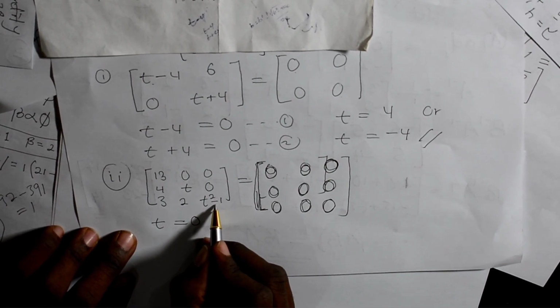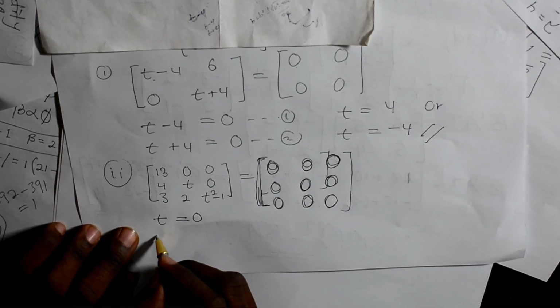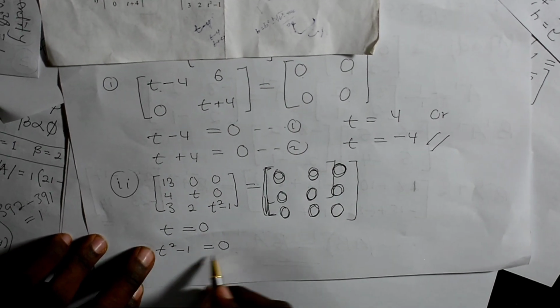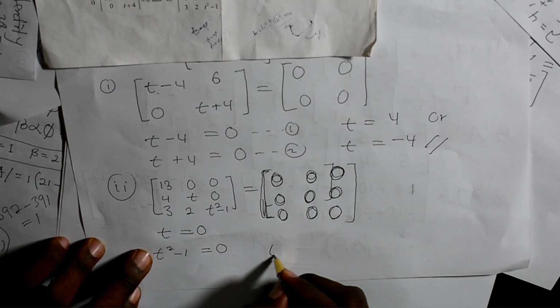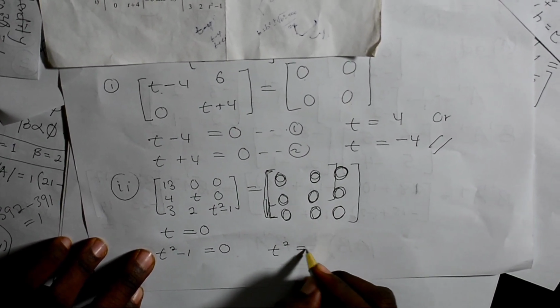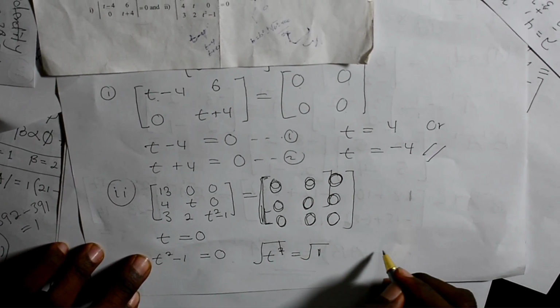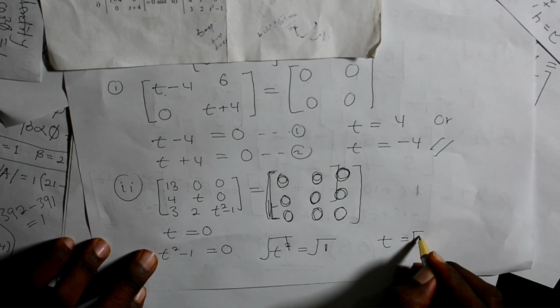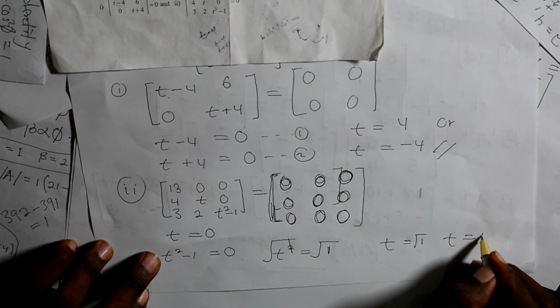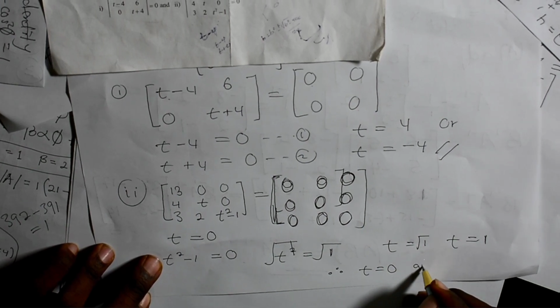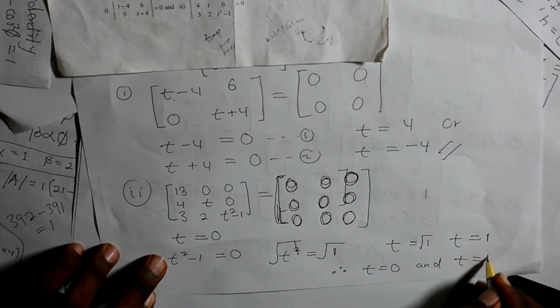And the last, t square minus 1, will be the last 0. T square minus 1 will be 0. So now t square will be equal to 1. By taking the square root of both sides, t will be equal to root of 1, which is equal to 1. So therefore t is equal to 0 and t is equal to 1.